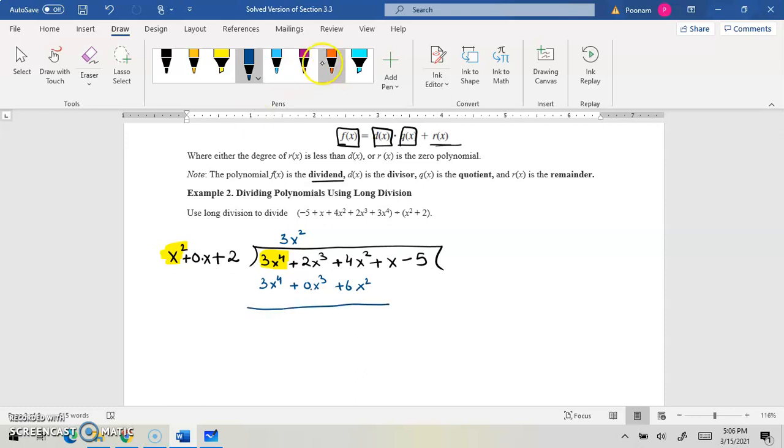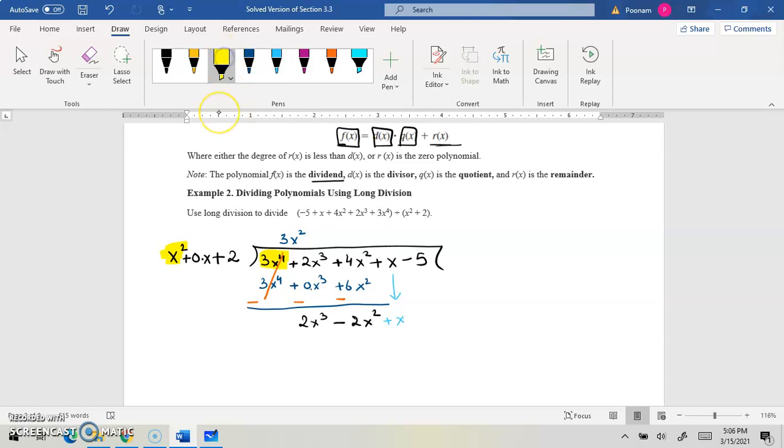For subtracting, we have to change the signs of the bottom polynomials. That's how the polynomial subtraction goes. This will cancel. 2x cube minus 0x cube would be 2x cube. 4x square minus 6x square would be minus 2x square. And the next term comes down.